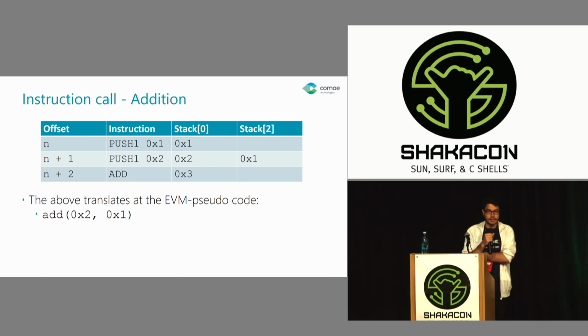So in that case, it takes 2 parameters. So that's the EVM pseudocode right there. Obviously, once that instruction is executed, in the first entry of the stack we're going to have the result, which is going to be 3.